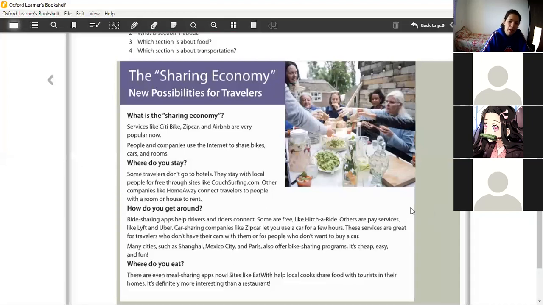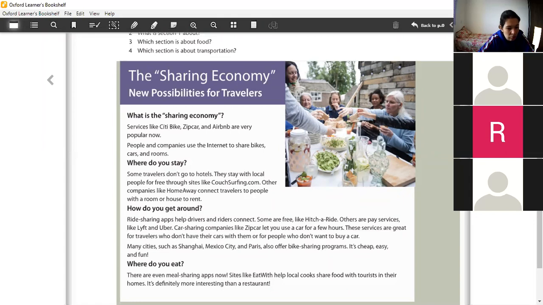Maybe it can be a house that is shared with different people. Have you heard about the site called B&B? Yes. What do they do?